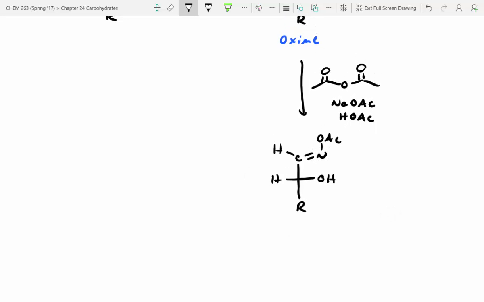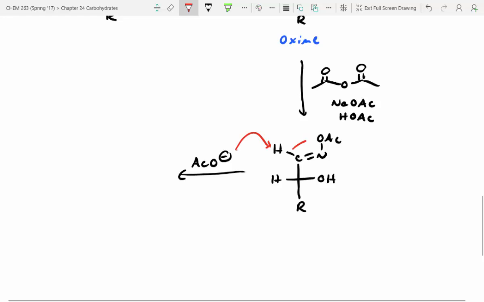Okay, so now that we have that portion set up, we still have sodium acetate around. So in this next step, it's pretty clever. This will grab this proton, clamp down, and kick off the acetate leaving group.